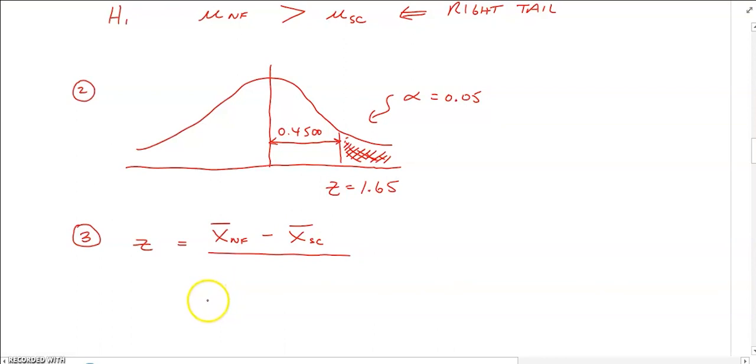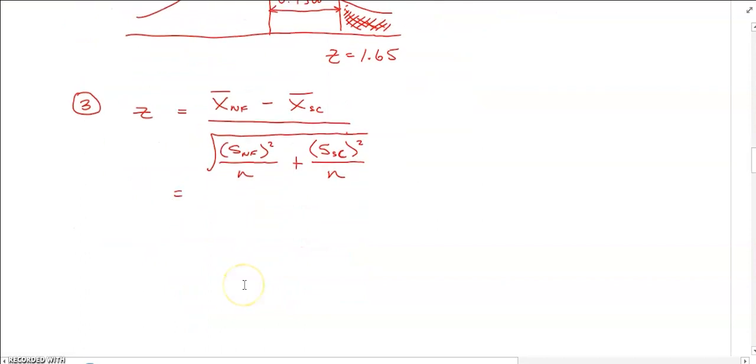And that's all over the standard deviation for Niagara Falls squared, in other words, known as the variance, divided by the size of the sample for Niagara Falls, plus the standard deviation for St. Catharines squared, all divided by the sample size for St. Catharines.